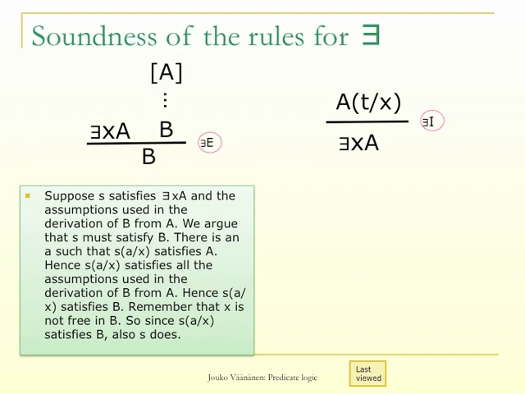If in this situation S satisfies also A(t/x) in M, then by the substitution lemma, S(a/x) satisfies in M A for lowercase a equal to the value of the term t in M under the assignment S. In particular, S satisfies there exists x A in M.